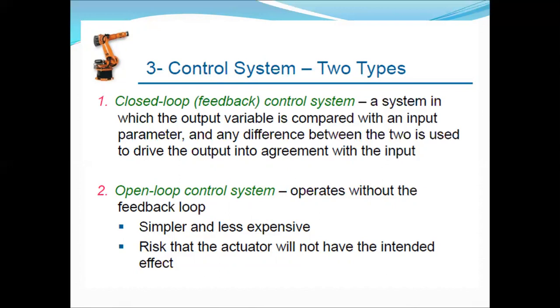So in the case of an open loop control system, it is just the opposite of the closed loop system, where the output is not compared with the input. It means the output is independent; it is based simply on the input. But if there is any error, the machine has to live with it. So it is basically simpler and less expensive. Therefore, it is used in some cases. But wherever it is required, for example, there is a risk that the actuator will not have the intended effect.